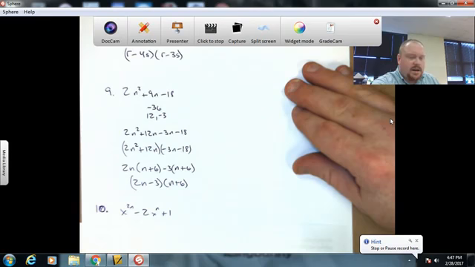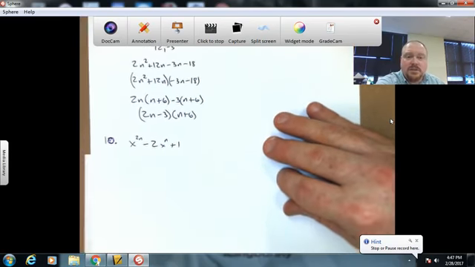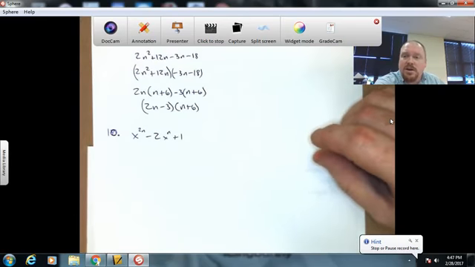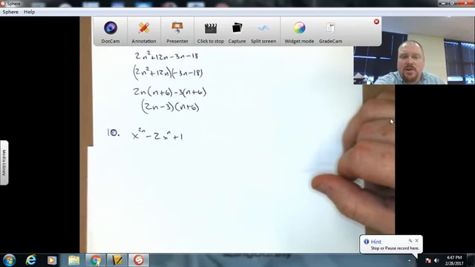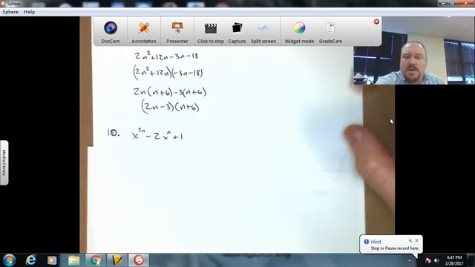This next one looks a little odd, but having seen something similar to it last unit, you may already know where I'm going with this. If I'm going to factor this, we're not used to factoring x to the 2n with x to the n in the middle.